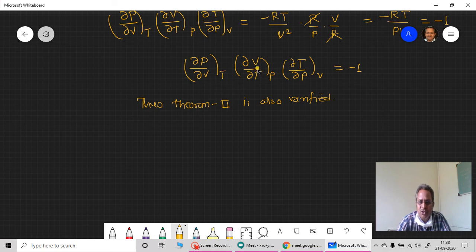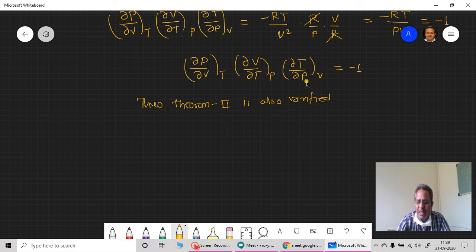This is the rate of change of volume with respect to temperature keeping pressure constant. So this is an isobaric process, and now P is changing, therefore T is changing. So rate of change of temperature with respect to pressure at constant volume is equal to minus 1. So when this is an isothermal process, P is changing with respect to V. This is an isobaric process, volume is changing with respect to temperature, and this is an isochoric process wherein temperature is changing with respect to pressure.